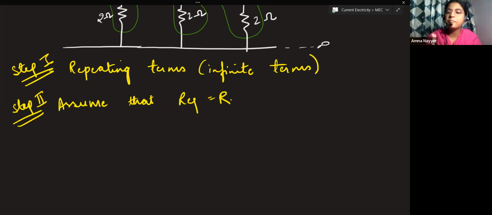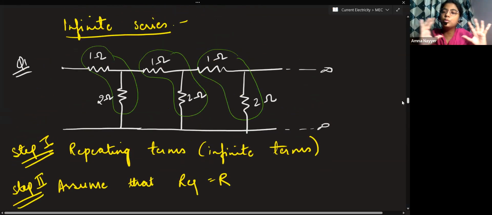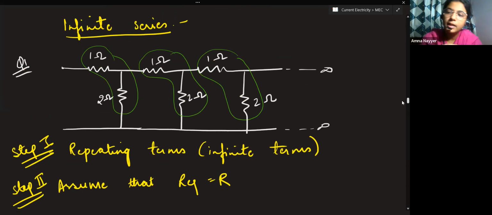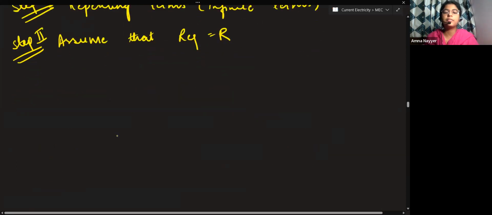This is capital R. Now, just tell me one thing. I have reduced the whole infinite circuit into one capital R. Capital R is my R equivalent. Even if I add one more term to it, will there be any difference? Like this is my circuit, this is the repeating term, this is 1 ohm, this is 2 ohm.